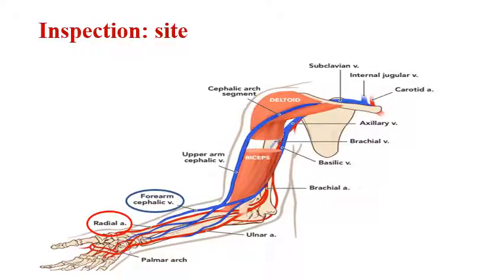You should know that the AV fistula is a connection between the artery and the vein to cause arterialization of the vein, so you can have a vein with a strong wall, so you can connect the needles of dialysis each session.